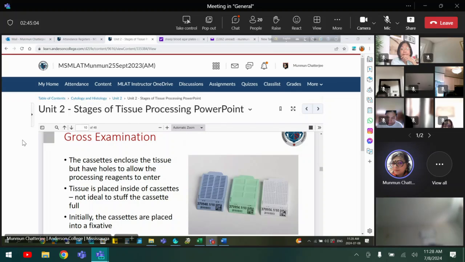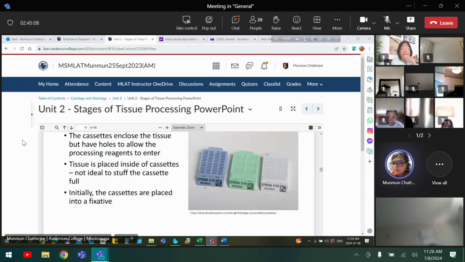The cassettes enclose the tissue but have holes to allow the processing reagents to enter. So the tissue is secured here. It is not going to go here or there. You have the accession number, date, and everything. The tissue is inside, blocked, but it has holes back and forth, so the fluid for processing can go inside the cassettes.